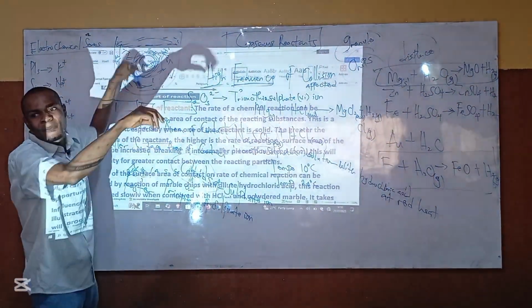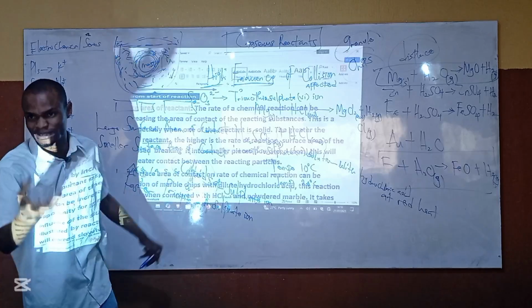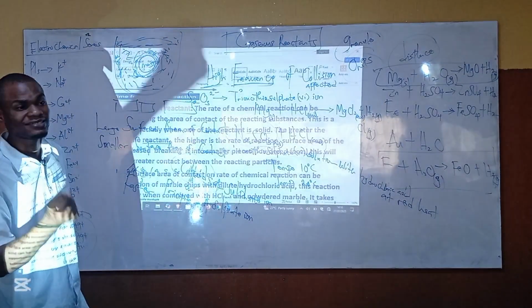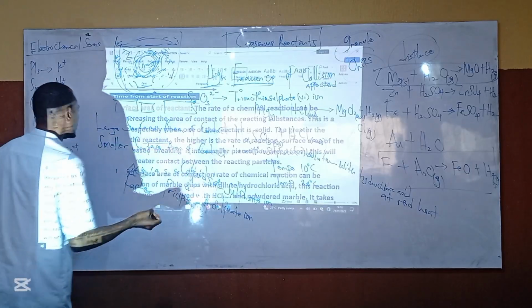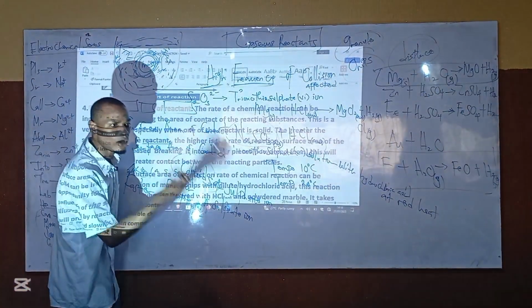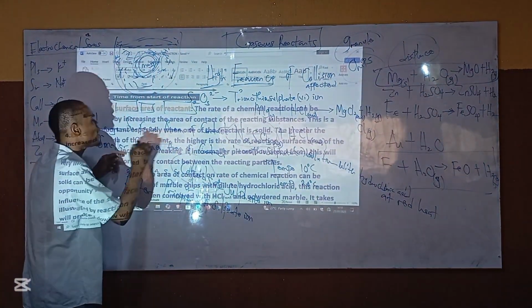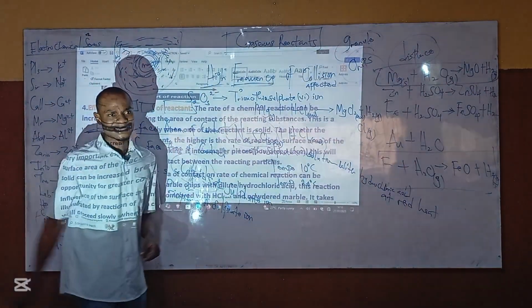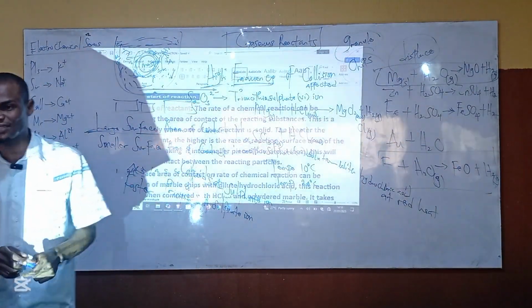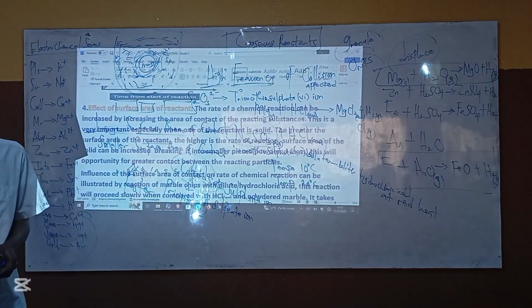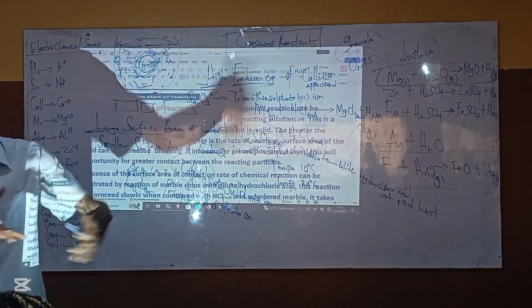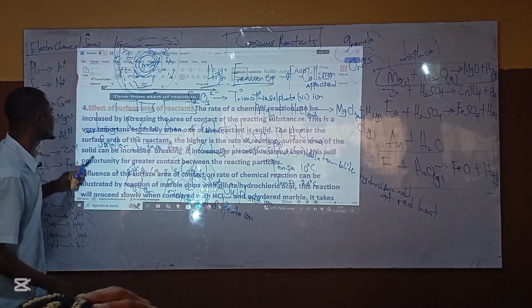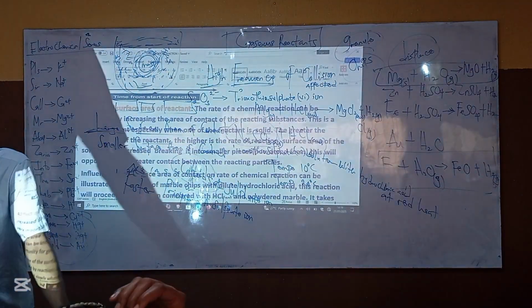This water can touch every part of this Maggi very well if you squeeze it or grind it. So just make sure it's in powder form. Therefore, water will touch larger parts of the Maggi, so we say it has a large surface area of contact. Now, which one will react fast? Is it the one that has a large surface area of contact, or the one that has a smaller surface area of contact?